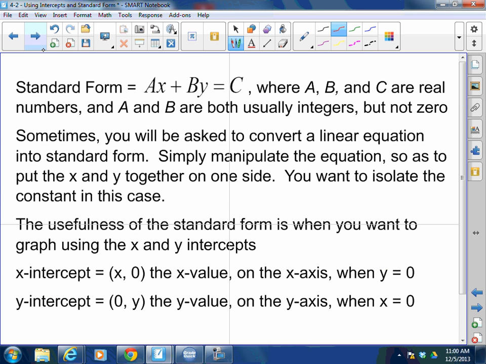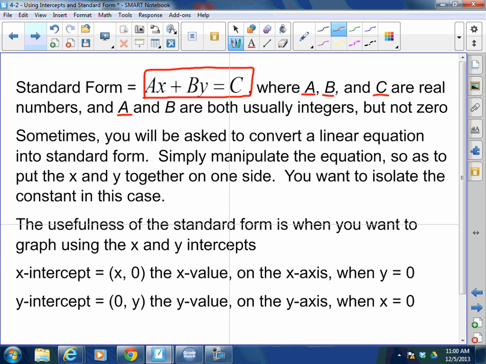The standard form of a linear equation is ax plus by equals c, where a, b, and c are real numbers. Real numbers, again, that's any number.